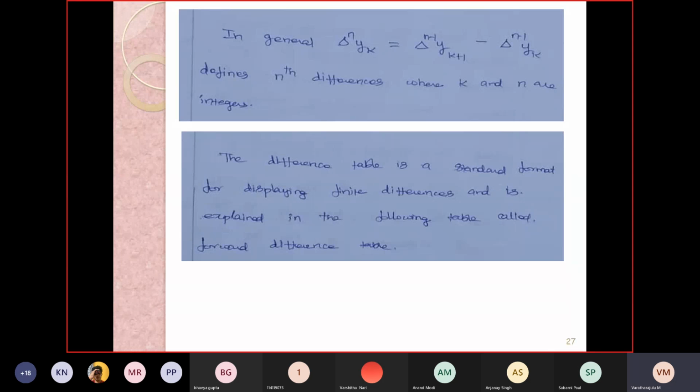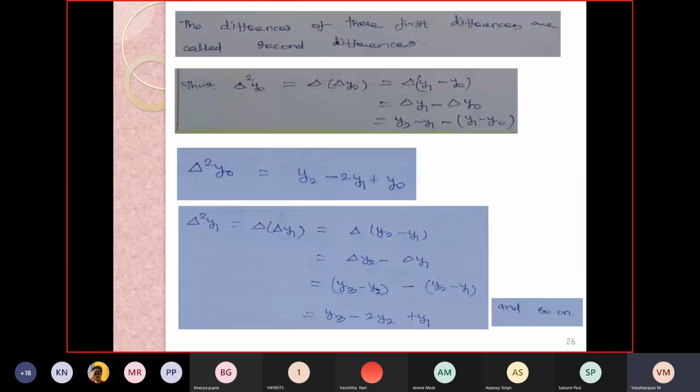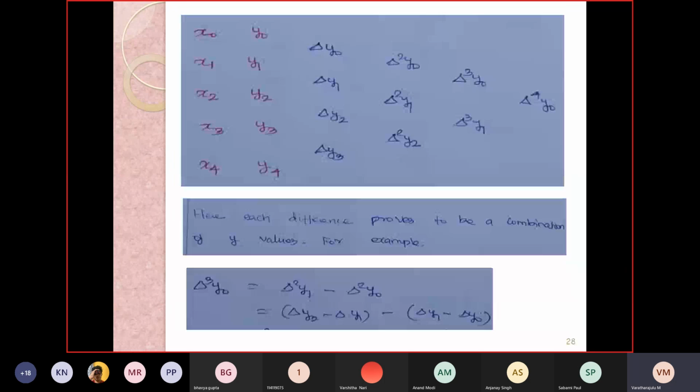By seeing these various terminologies, it may give confusion over the solution, but by doing a simple difference over the given table, we can find the unknown in an easier way. Here delta y0 is the difference of these two, that is y1 minus y0, and delta y1 is the difference of y2 minus y1, and similarly for delta y2 and delta y3.